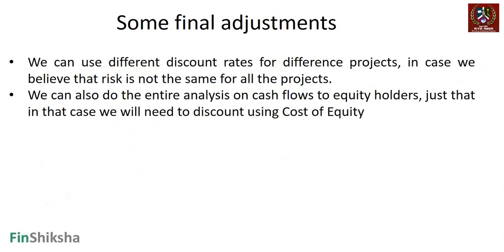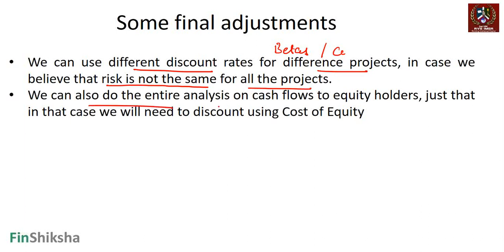Some final adjustments that we need to remember. We can use different discount rates for different projects. In this case, we just used the same discount rate on all the projects. But if we believe that risk is not the same for all the projects, we can find individual project betas, calculate the cost of equity for each of the projects separately, calculate the cost of capital for each project separately based on their individual debt equity ratio, and then calculate the individual NPV for each project.